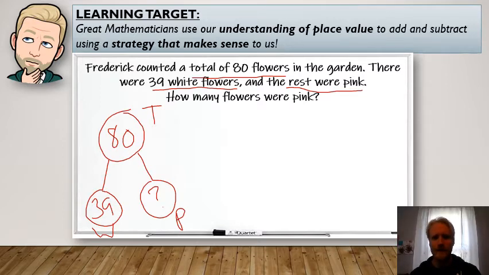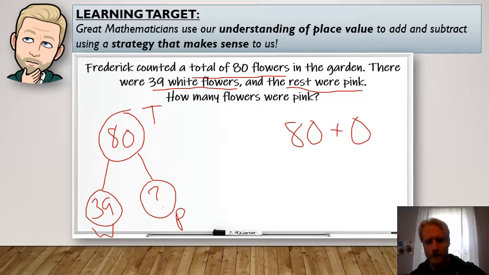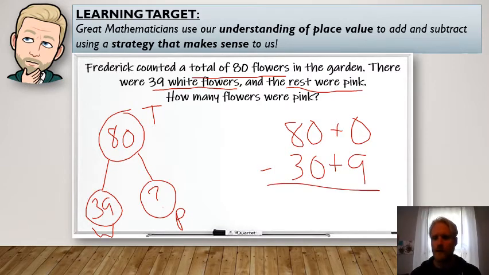If I'm breaking 80 into expanded form, what would that look like? Yeah, if I'm going to break it into tens and ones, that would look like 80 plus 0. Okay, and we're taking away 39. And how would I break down 39 into tens and ones? Yeah, so it would be 30 plus 9.